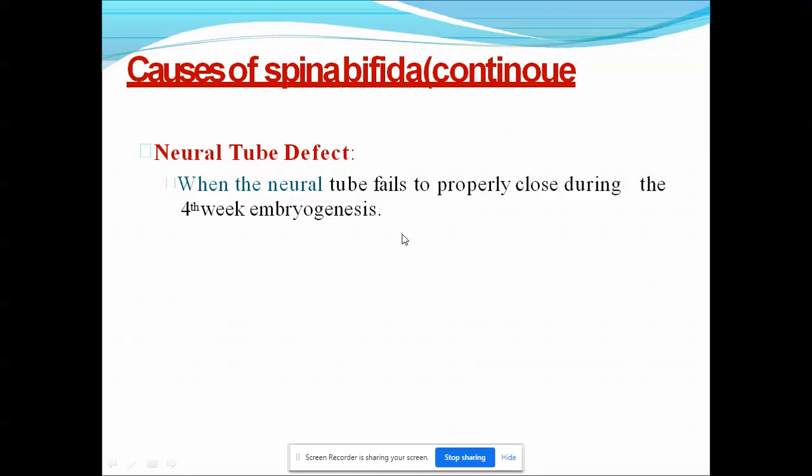Okay, so remember, this is not a disease that the baby develops after being born. This disease happens by the 4th week, when the baby is forming inside the uterus. If embryogenesis is not proper, then this neural tube defect will develop.